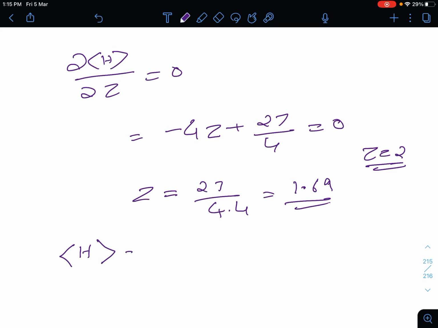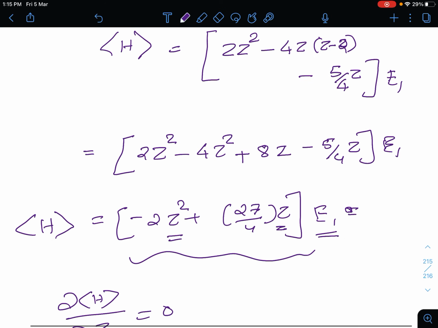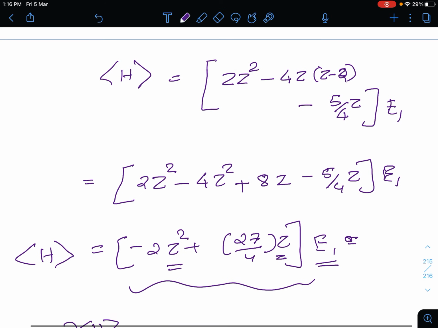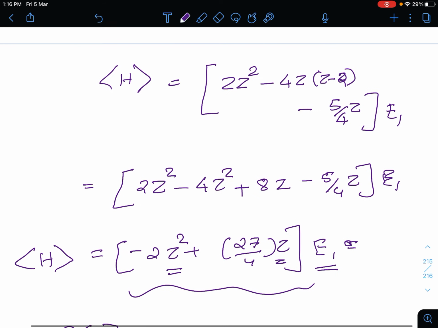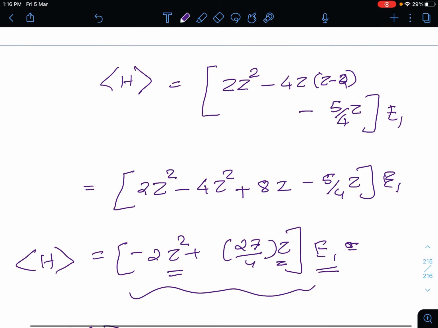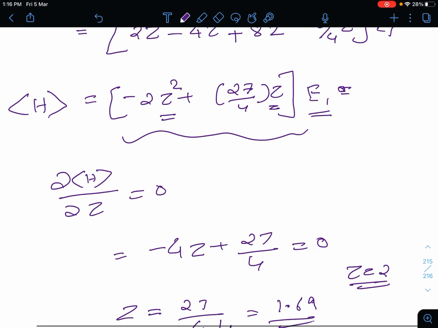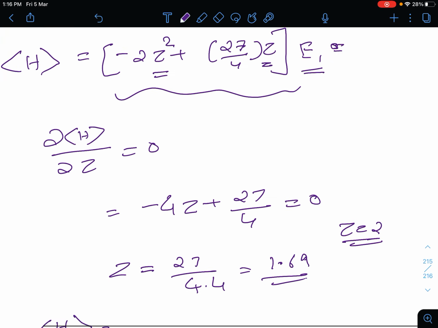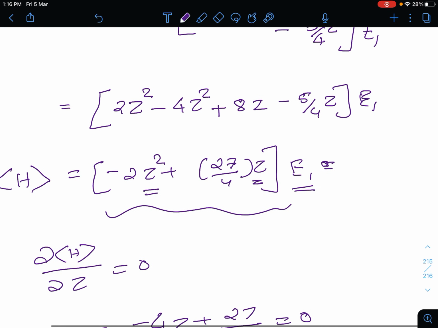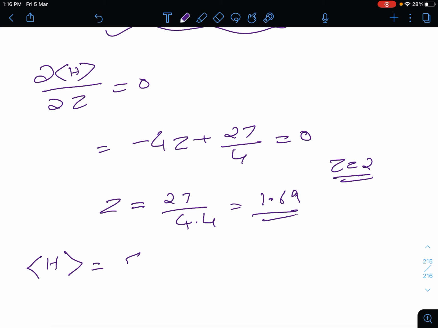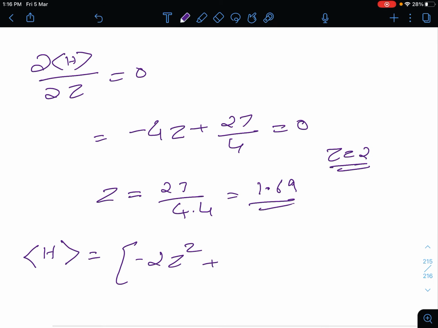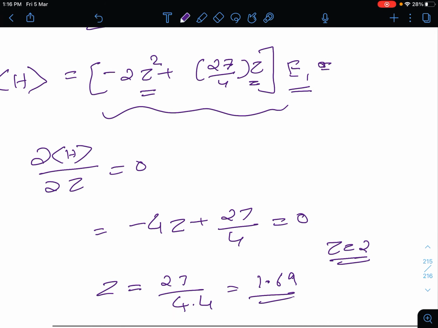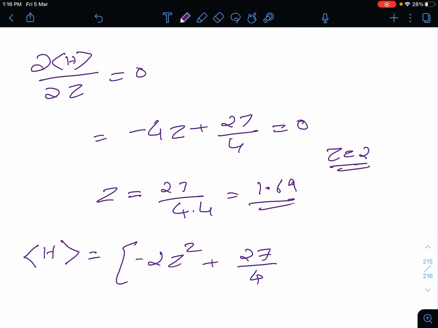What was the expectation value of the Hamiltonian? We got it as, see here, minus 2z square plus 27 by 4z into E1.